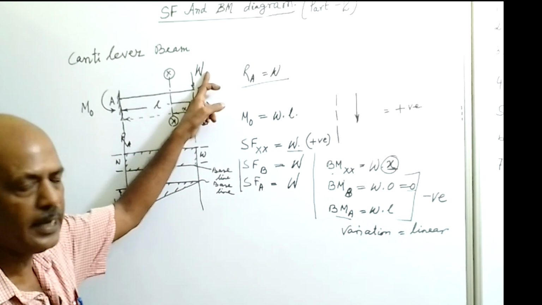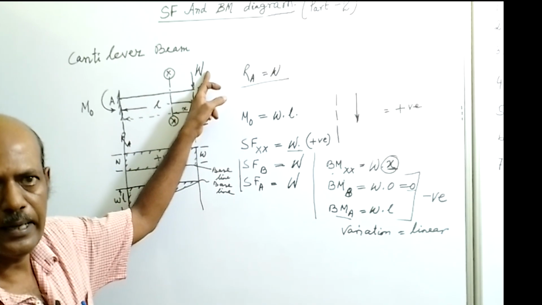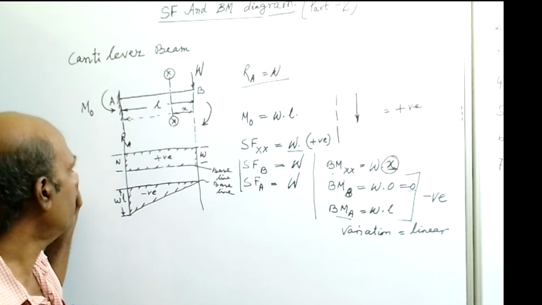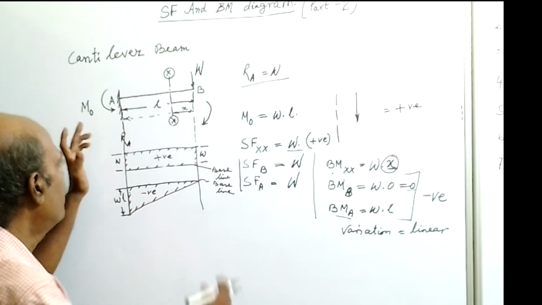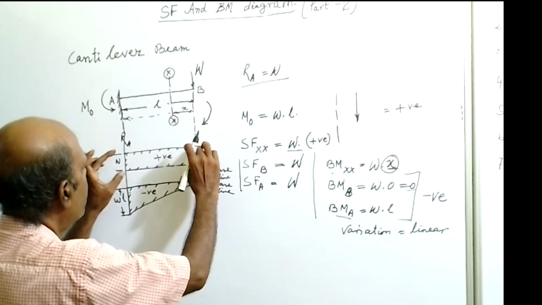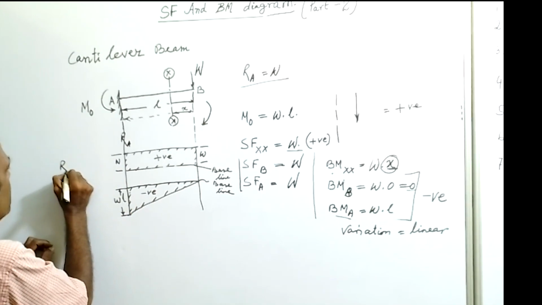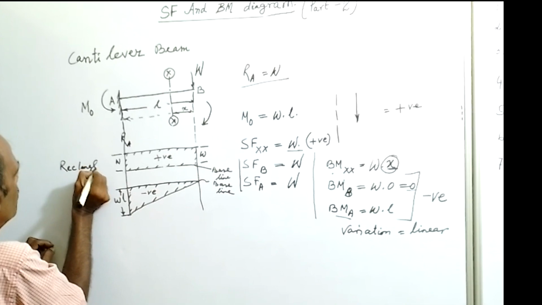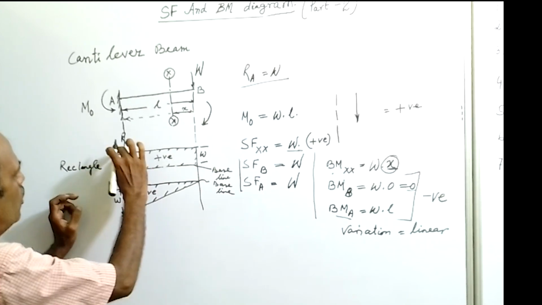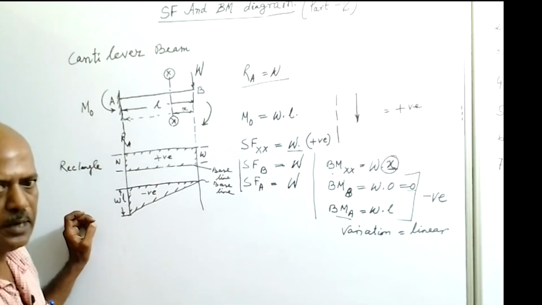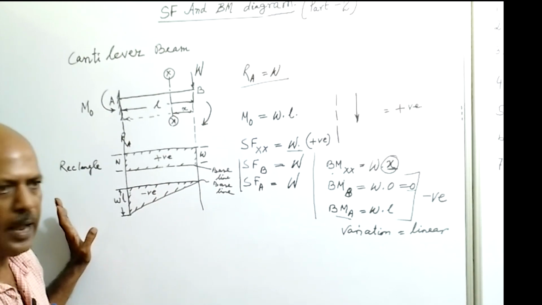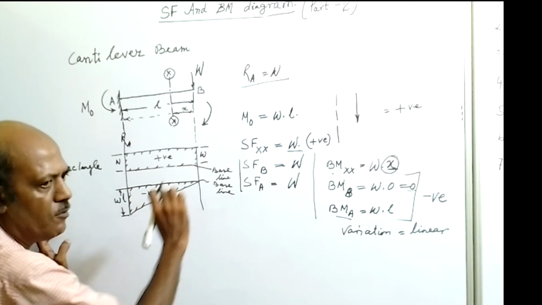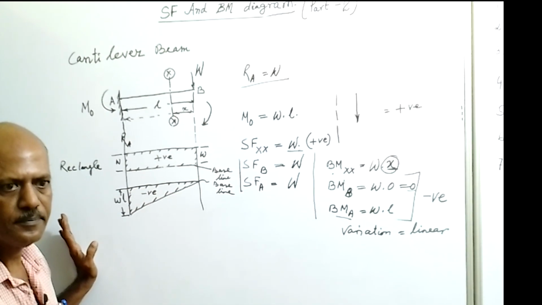So when W load is acting at the free end of the cantilever beam, then shear force diagram will be a rectangle. This is a multiple-choice question. So this diagram is a rectangle. Shear force diagram is a rectangle, and bending moment diagram will be a triangle.